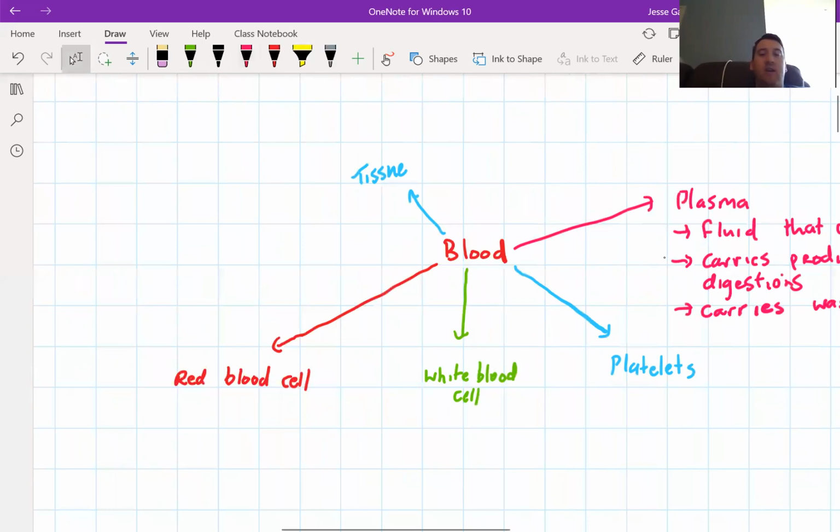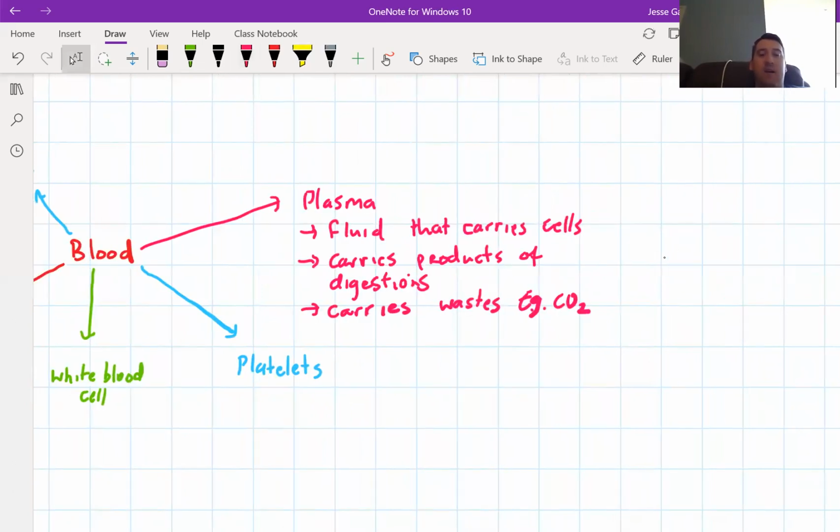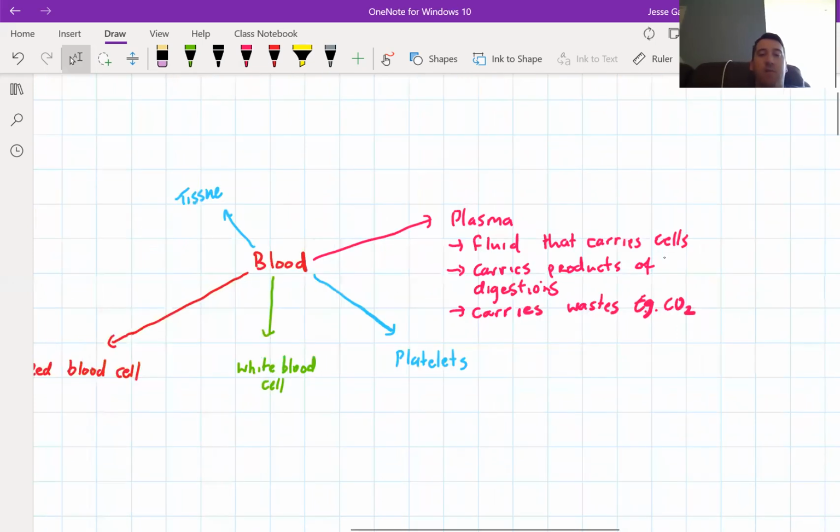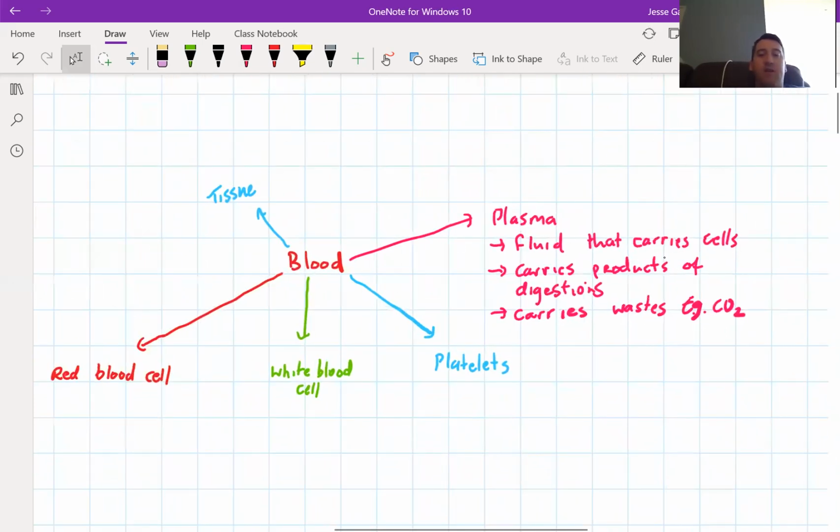And the way it does this is it dissolves into the plasma, and the plasma carries it away from the cells. So plasma, a very important part of the blood, is the fluid that carries all the other parts. It carries the cells, but it also carries the things that you eat, the digested food, and it also carries wastes away from cells so they don't become toxic.